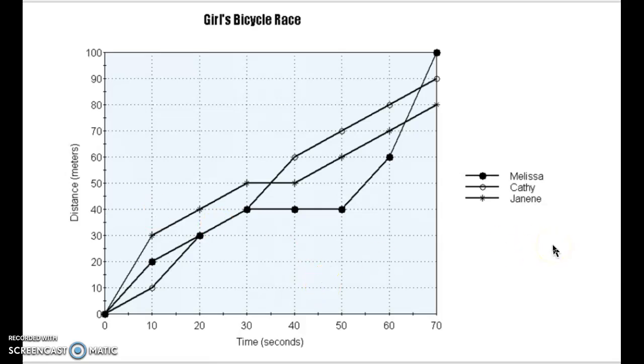Please tell me how far Kathy traveled in 50 seconds. Please also tell me how long it took Melissa to travel 60 meters.